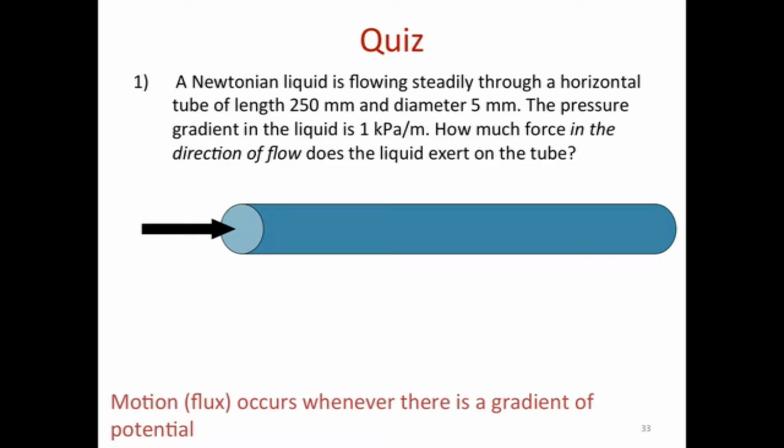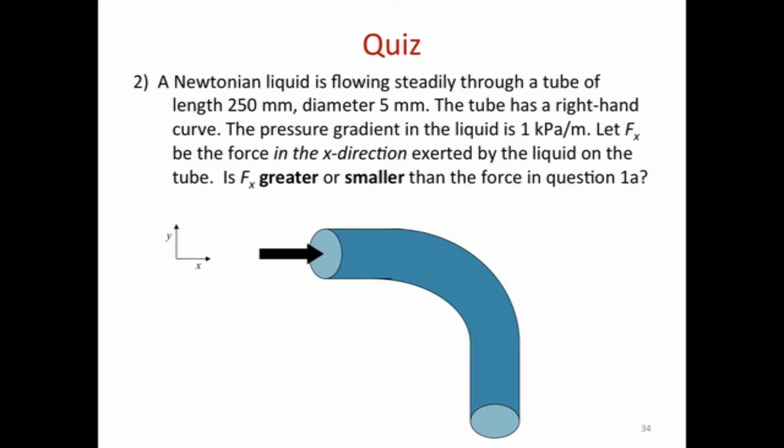And the second question, just to actually compare, often we actually need to do this, because most of the questions are actually comparing different situations of what is better than the other. Now, if you actually have a similar pipe just bent, okay, and I have the same pressure gradient, the same length, the same diameter, and I'm wondering about the force in the x direction, which was the same direction as previously, exerted by the liquid on the tube.